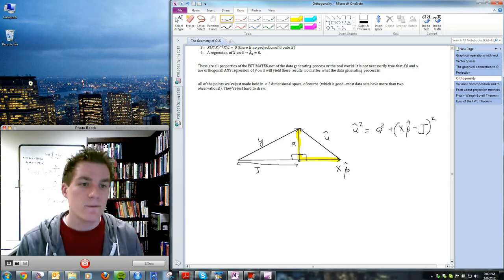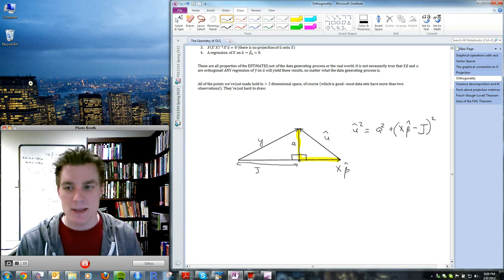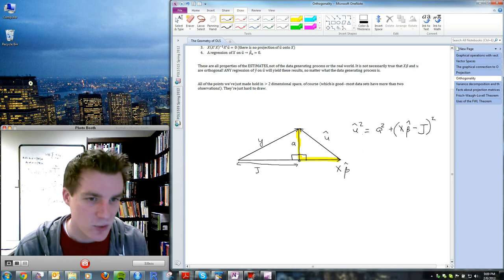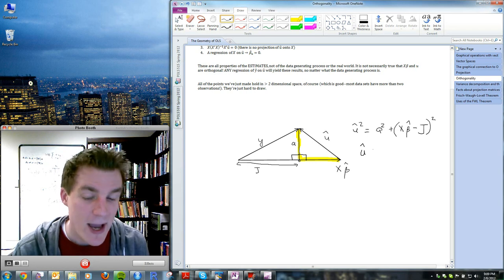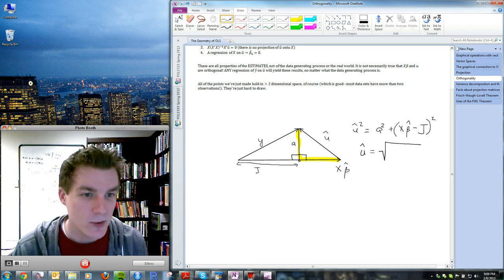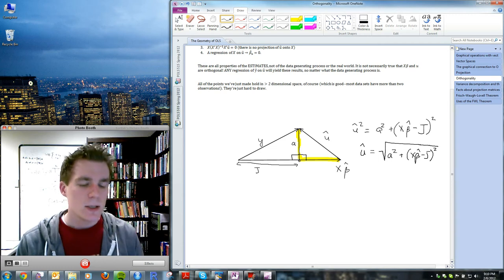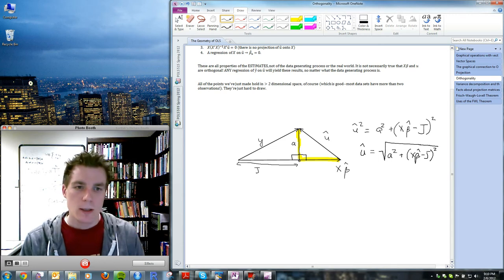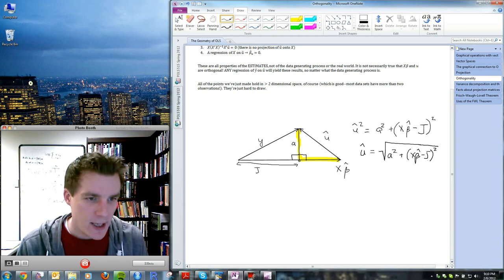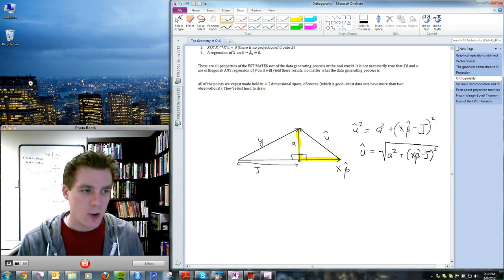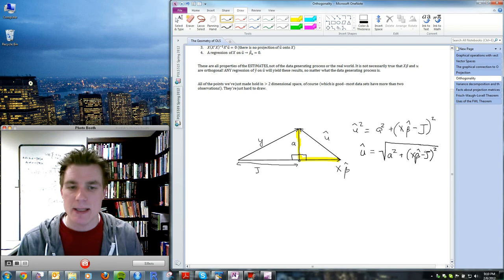Now, what value for j minimizes the length of u? Actually, I could rewrite this as the length of u hat equals the square root of a squared plus x beta hat minus j quantity squared. There we go. So what value for j, or what value for x beta hat, I'm sorry, is going to minimize this equation?